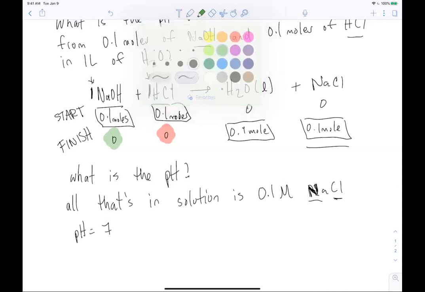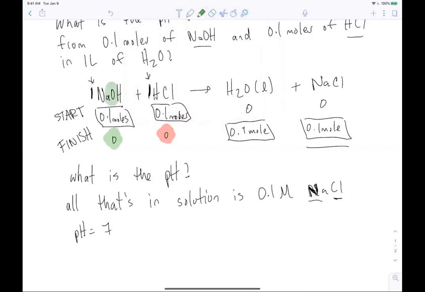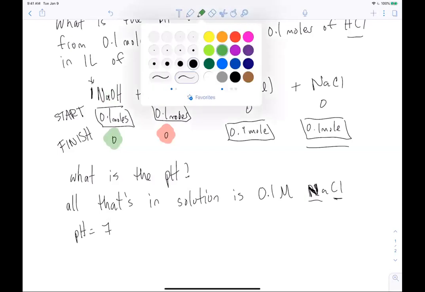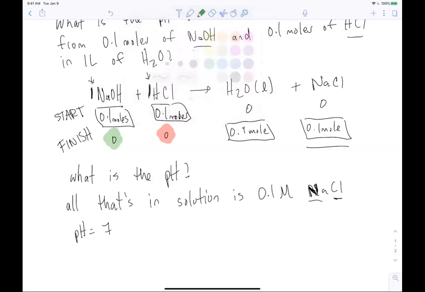So in an acid-base reaction, sorry, I should have done a better job of explaining that. In an acid-base reaction, it changes a little bit because it's not always hydroxide that is the base.